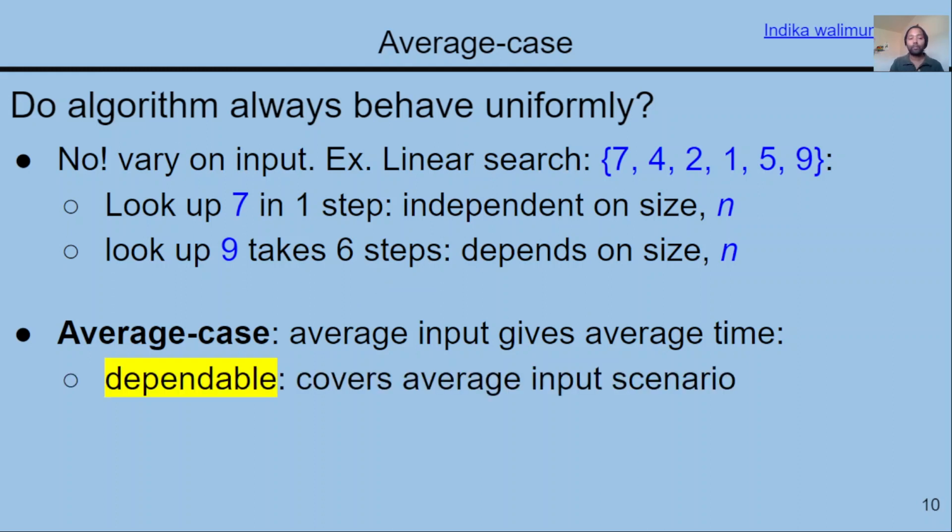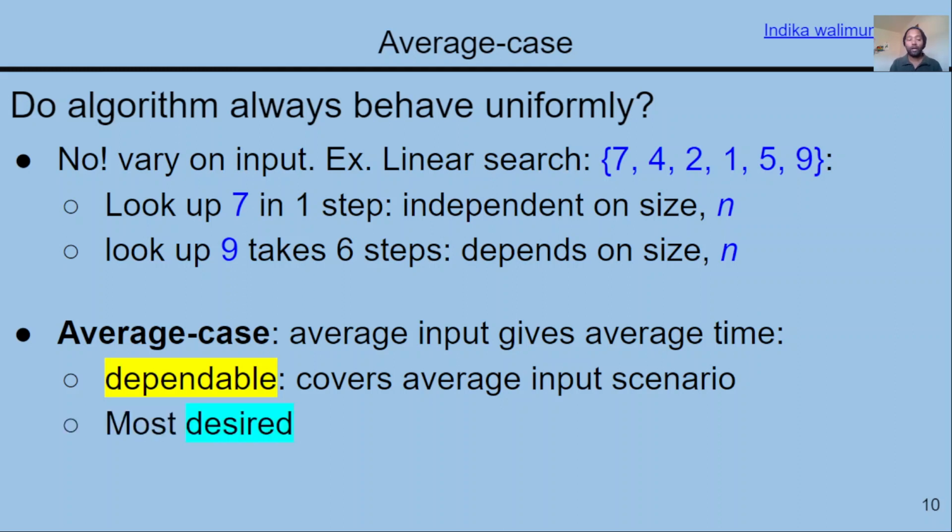And it's dependable analysis. Okay, so basically, if we can say on average this is the way, it's really dependable because we know that input can vary. So it covers the most probable input scenario.